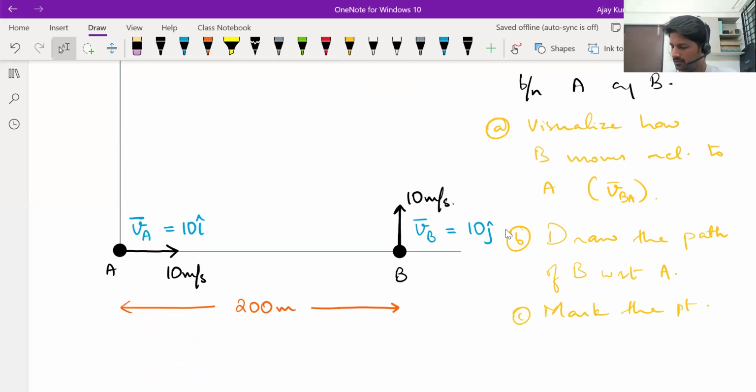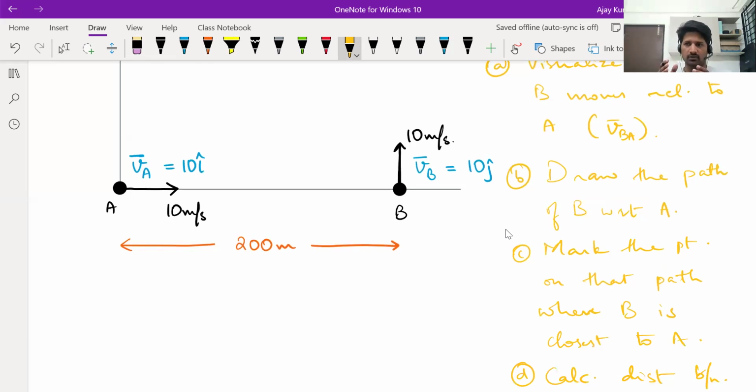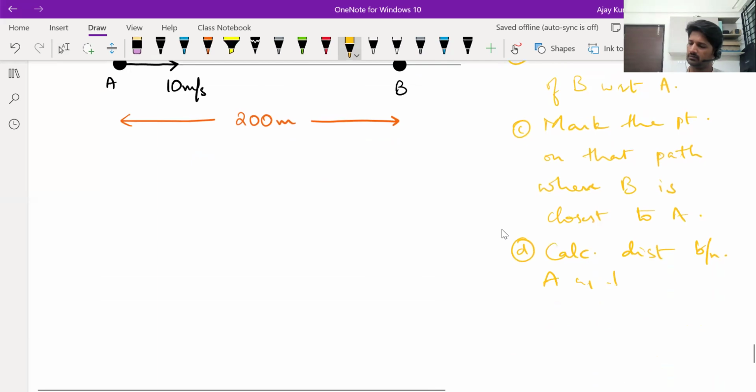Mark the point on that path where B is closest to A. Next, calculate the distance between A and that point. If you can find the point at which B is nearest to A, then finding the distance between those two points is easy.